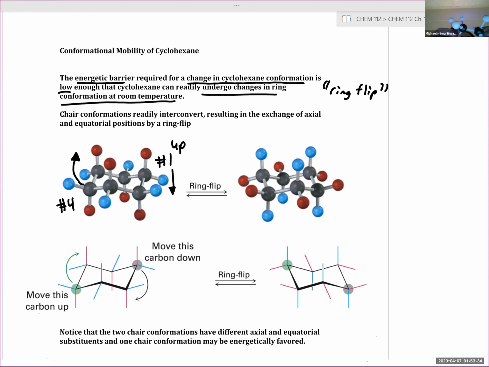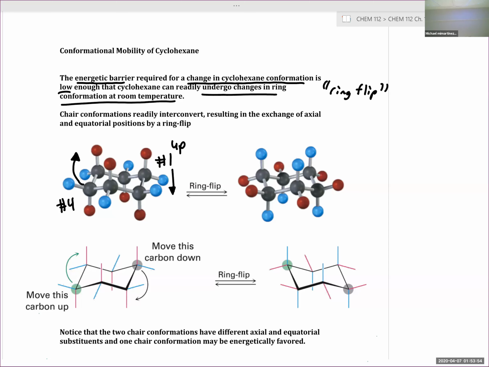So as we undergo a ring flip and as we change the relative positions of our two carbons, in order to maintain that staggered conformation, our substituents will flip from axial to equatorial.